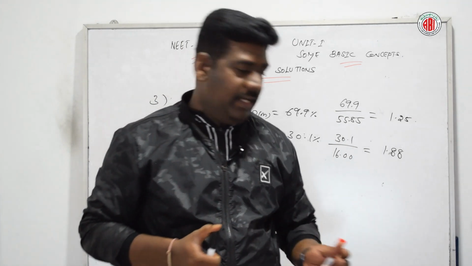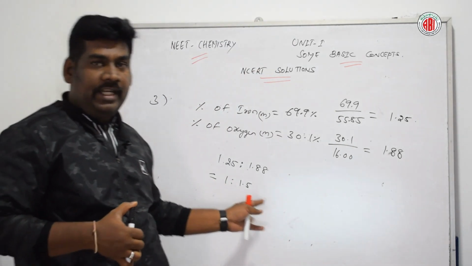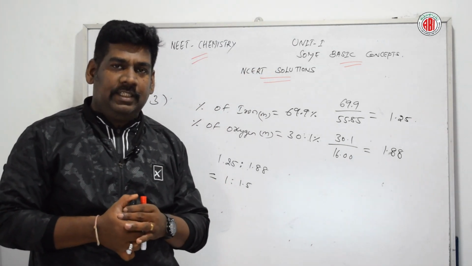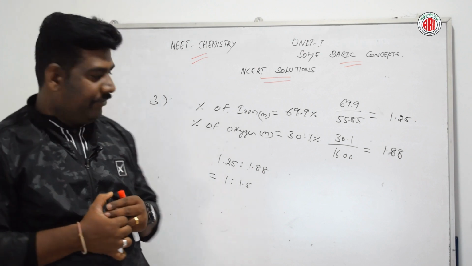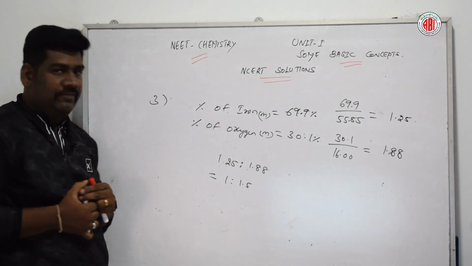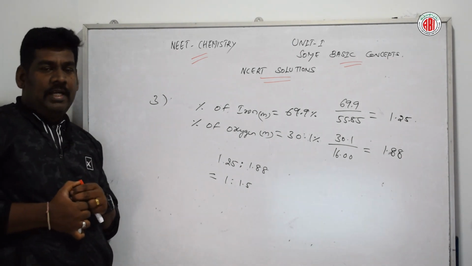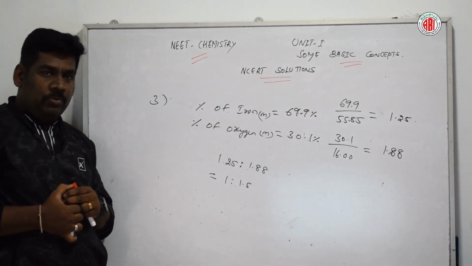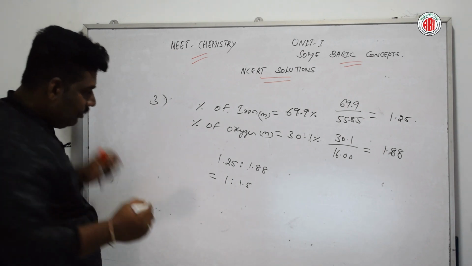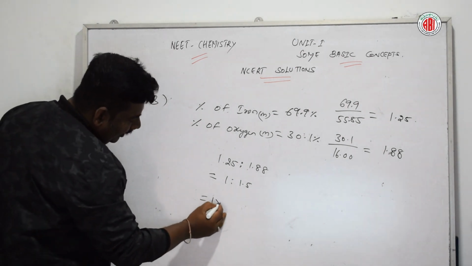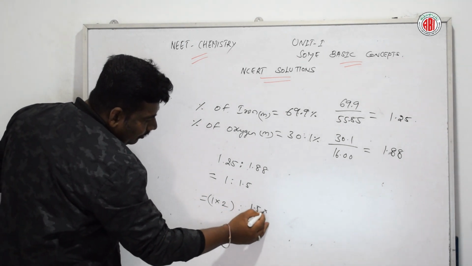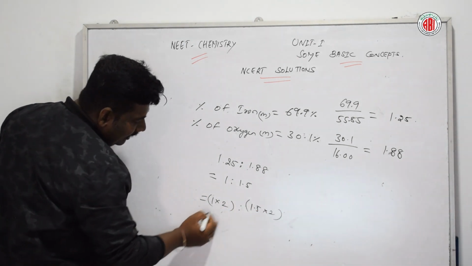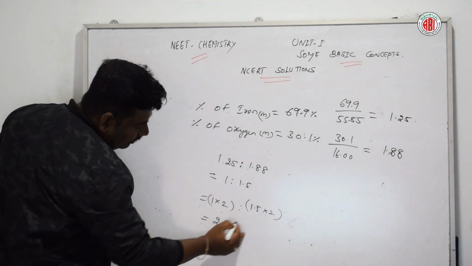Now we have got the value in decimal form. Whenever we are finding the empirical formula, if the values are in decimal form, we should multiply by 2 to make them whole numbers. So 1 into 2 is to 1.5 into 2, that is nothing but 2 is to 3.